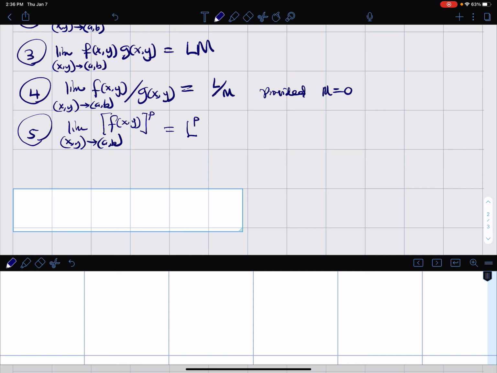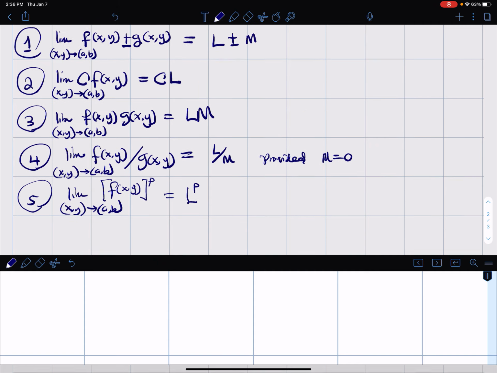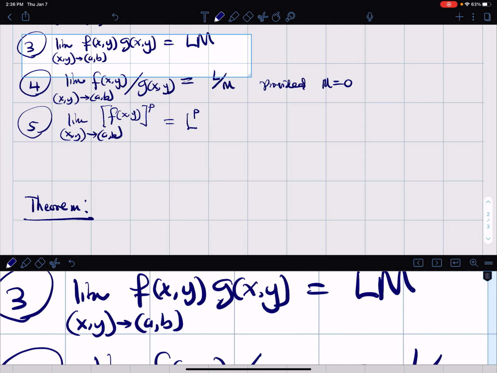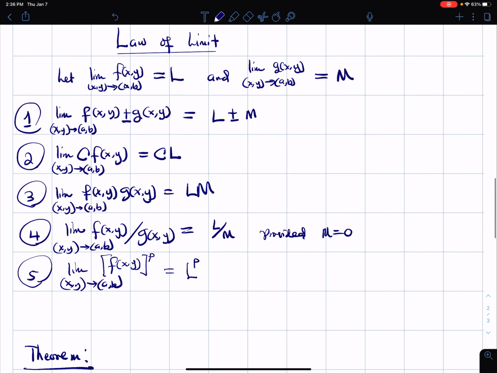With this, we can write a theorem that is going to help us. Each of these is actually a theorem.